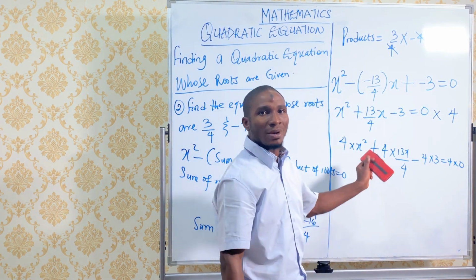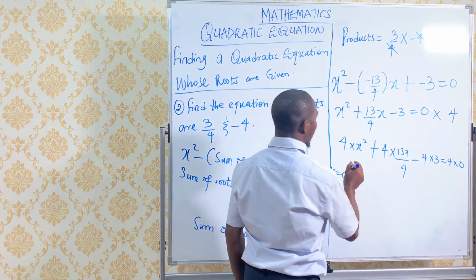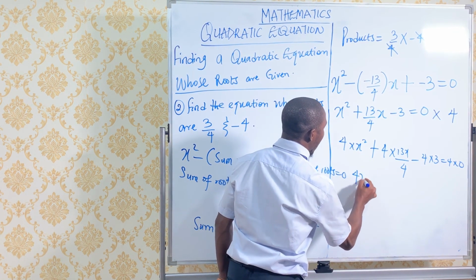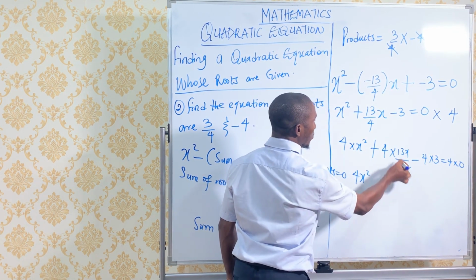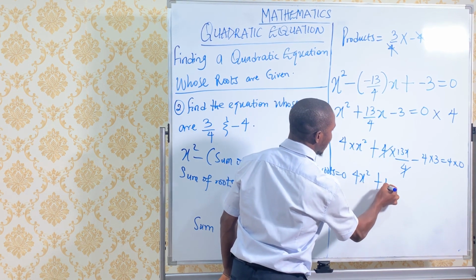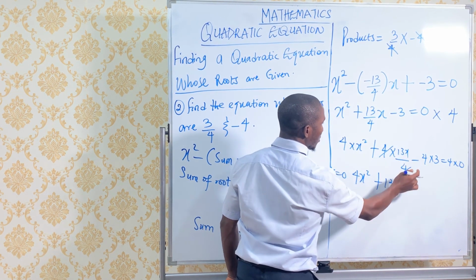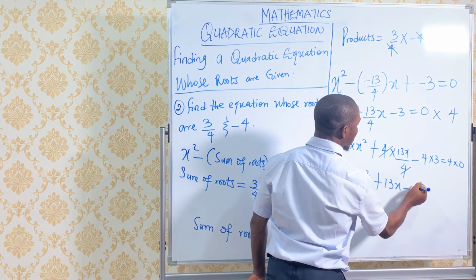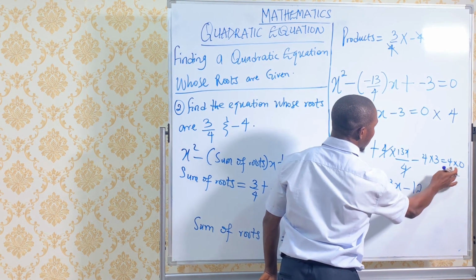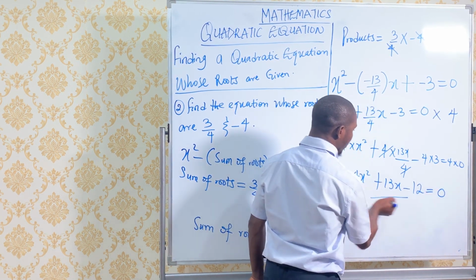That is, 4 has multiplied each of the terms. This gives us 4x squared, we cancel 4 and are left with 13x, minus 12 equals 0.